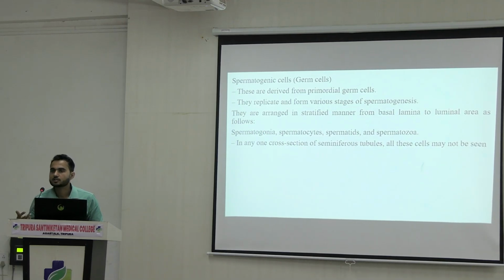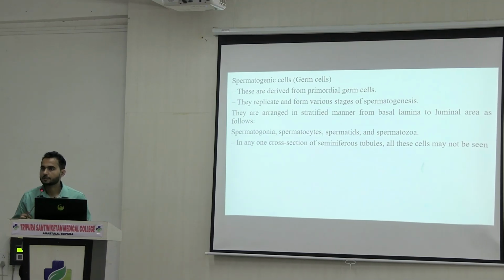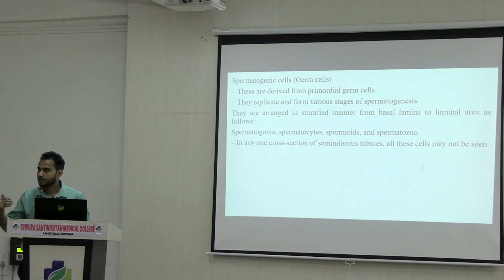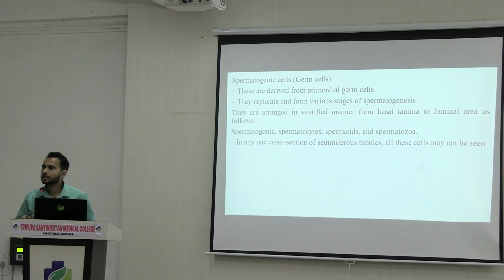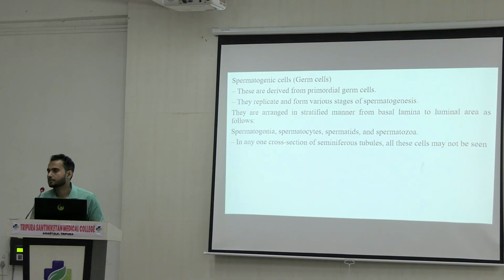Why stratified layers? Because different types of cells are present. Spermatogonia will be there, primary and secondary spermatocytes will be there, spermatids will be there, Sertoli cells will be there. So they are in multiple layers. That's why it will appear to be a stratified epithelium, but exactly it is not a stratified epithelium. So that you have to know.